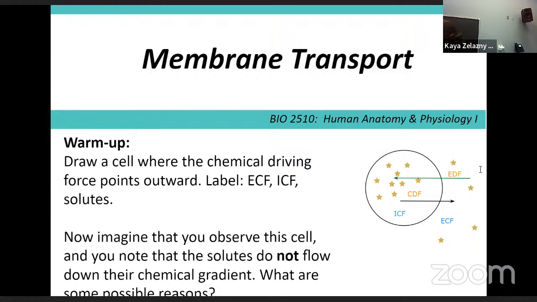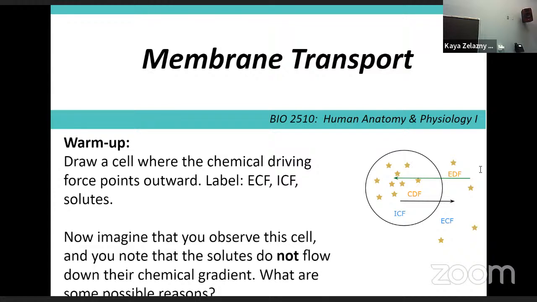So if that electrical driving force is larger, or if they're the same size, that solute isn't going to move, then that might be a reason we wouldn't see our solute following the chemical driving force. Anybody think of any other answers why we might not see this happen? Think about our membranes.